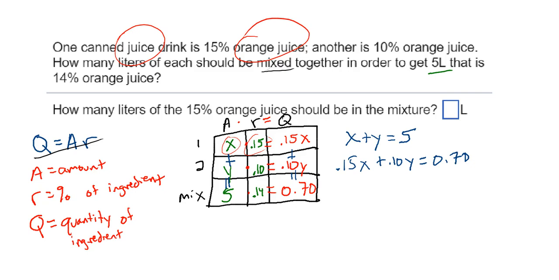Now that I have two equations, I can solve this as a system of equations, just like we practiced in the previous few sections. We have a couple methods at our disposal, and I think the easier method here would be the substitution method, because it's pretty easy to solve the top equation for one of the variables. I'm going to solve that for y by subtracting x to the other side, and I'll get y equals 5 minus x.